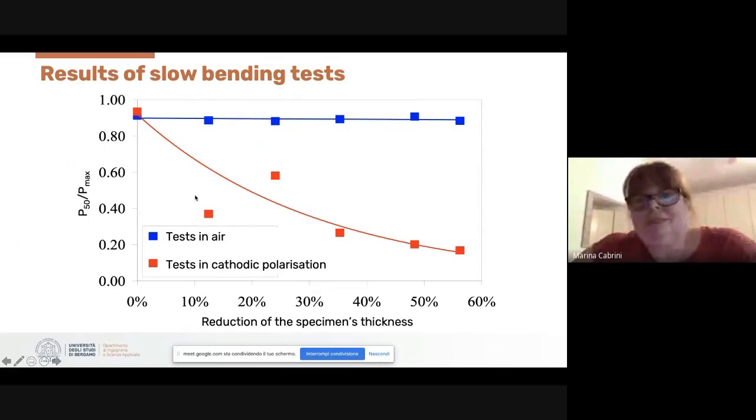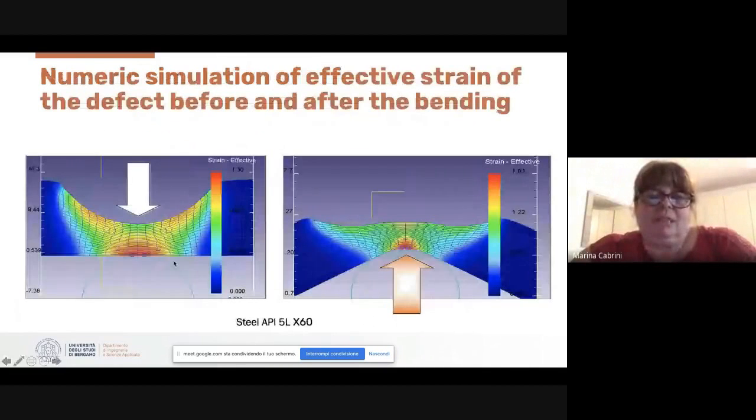But the most interesting thing is that, because it's a simple geometry, it is possible to reproduce with the finite element model the straining of the specimen during the realization of the defect, and after the realization of the defect during the slow bending, which is a similar, not the same, condition of the external damage.